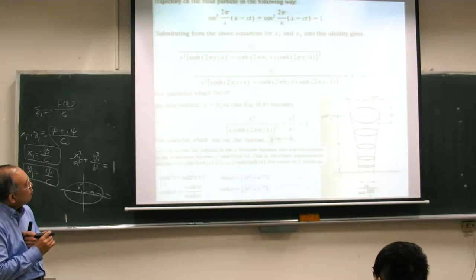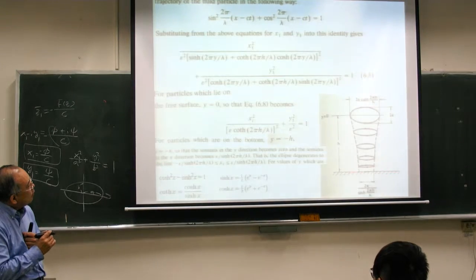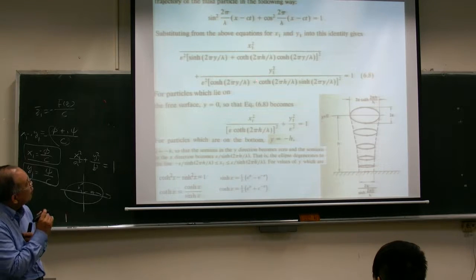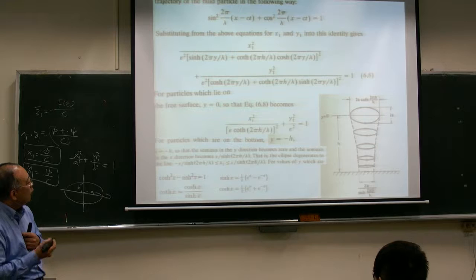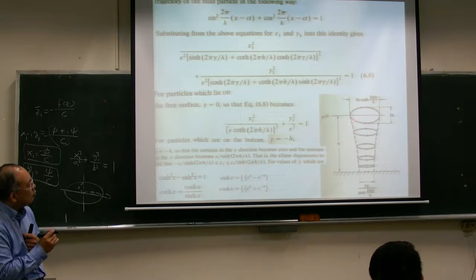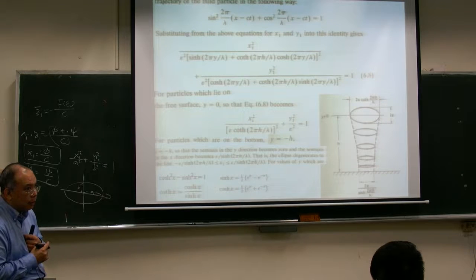Okay, and then if you consider the baseline here. As you can see, this is y equal to minus h. When you apply this boundary condition into this equation here, you end up with what? This elliptic will degenerate into this path. This path is just a back and forth path. We don't have any y-axis anymore.